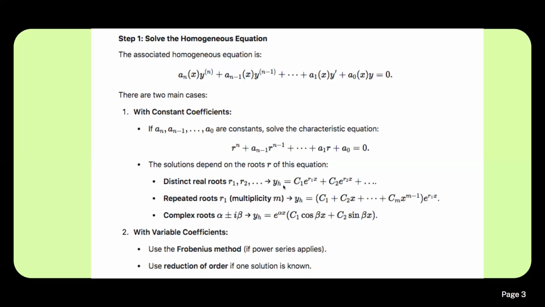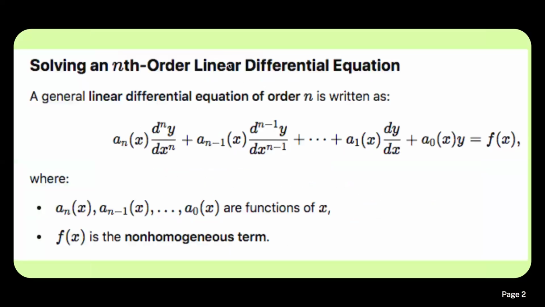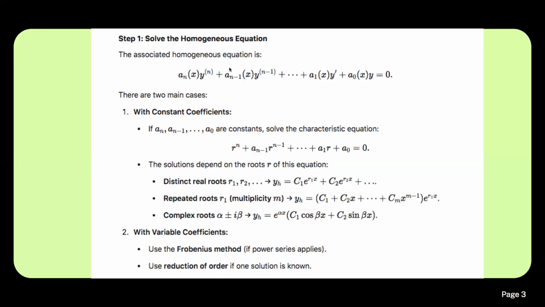Then y_h, the homogeneous solution, can be expressed as C1 e^(r1 x) plus C2 e^(r2 x) plus ... plus Cn e^(rn x), okay?